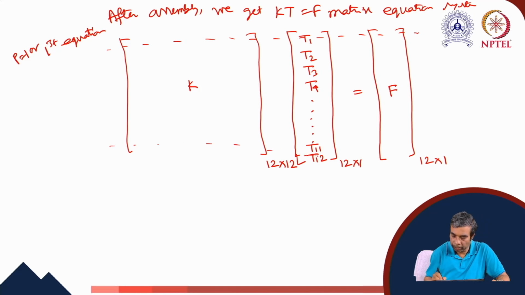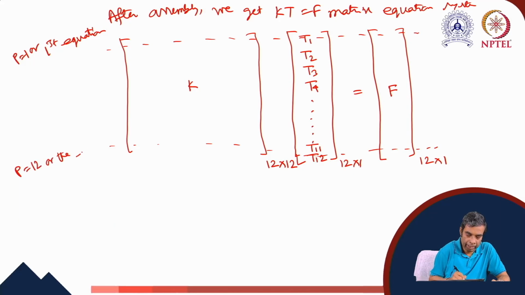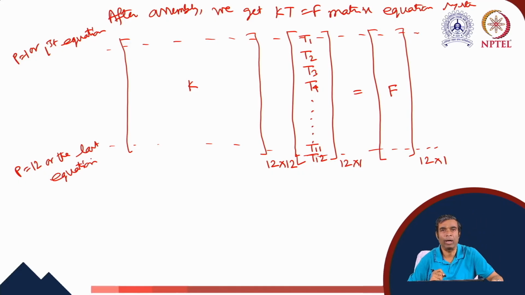Similarly, if we go to the last equation, then we get P equals 12. According to the numbering of the global equations that we make in the ID array, we get the global assembled matrix in which the equations are arranged. So we have 12 equations corresponding to T1, T2, T3, T4 up to T12.